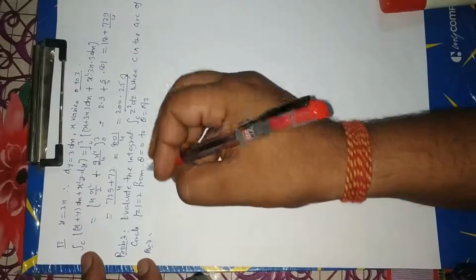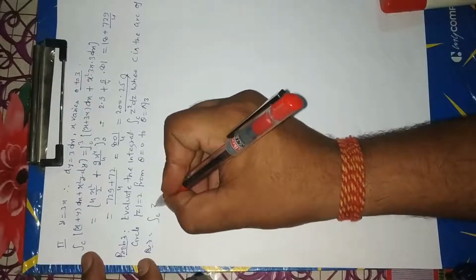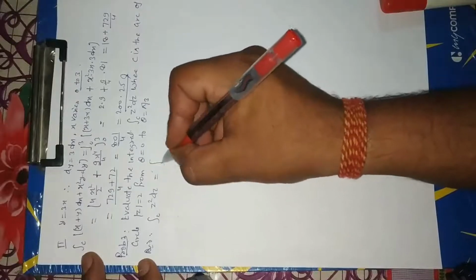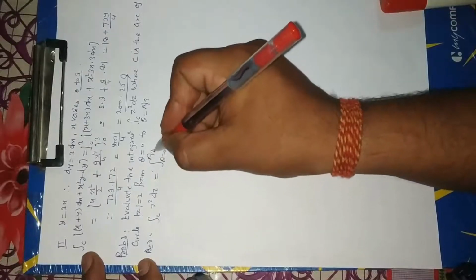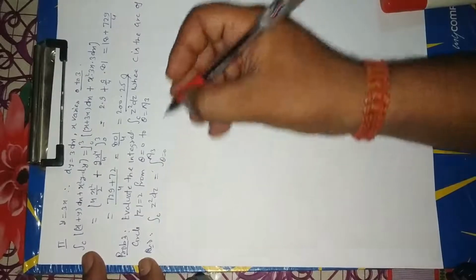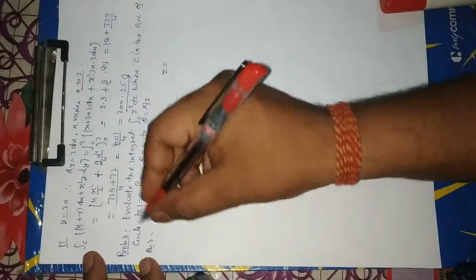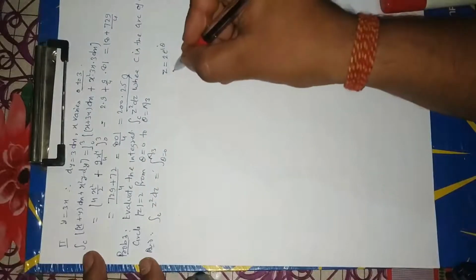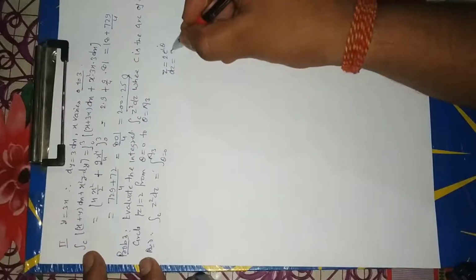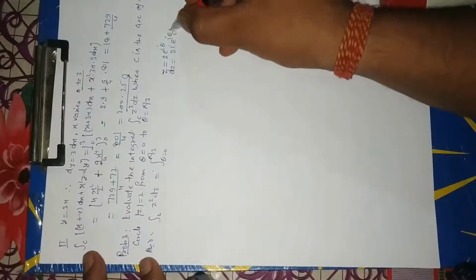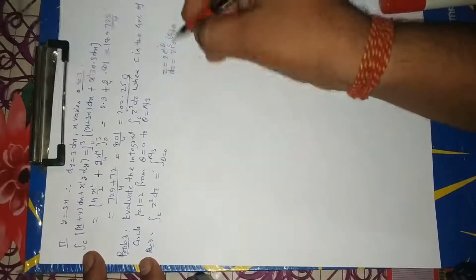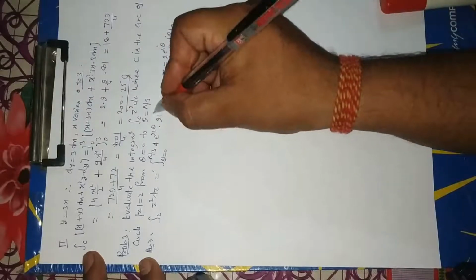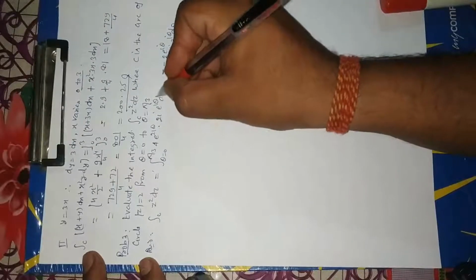Now solution. Integration over C z square dz is equivalent to theta equal to 0 to pi by 3. Now take a point on the boundary of the circle, z equal to 2 e to the power i theta. Therefore dz is equal to 2i e to the power i theta d theta. Now z square is 4 e to the power 2i theta, and dz is 2i e to the power i theta d theta.